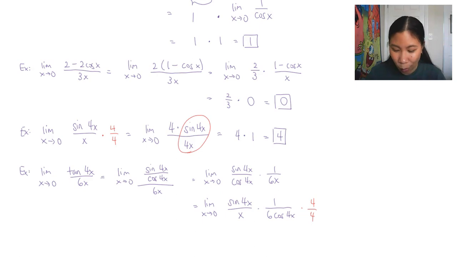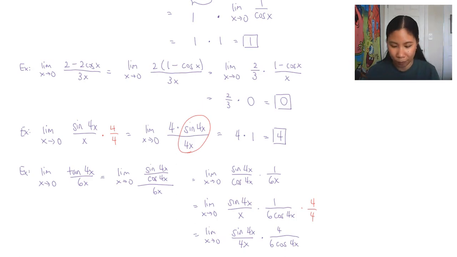Because I'm doing 4 over 4, I can change this bottom x under the sine 4x to be sine of 4x over 4x. So that's where this 4 went. But then for this fraction, I'm also multiplying by the 4 that's on top. And then I have the 6 cosine 4x there again.